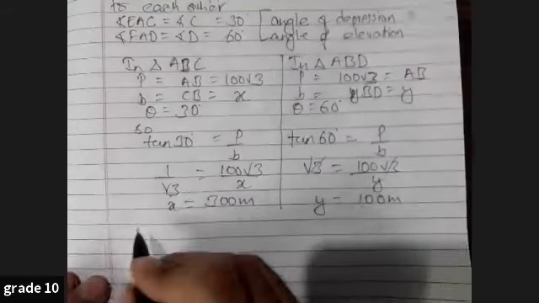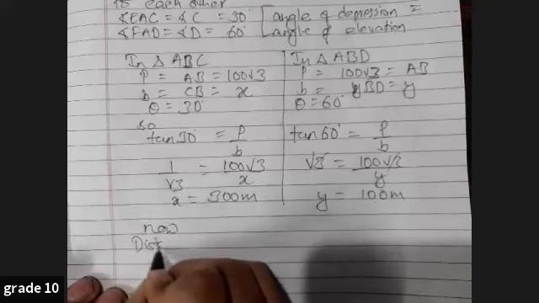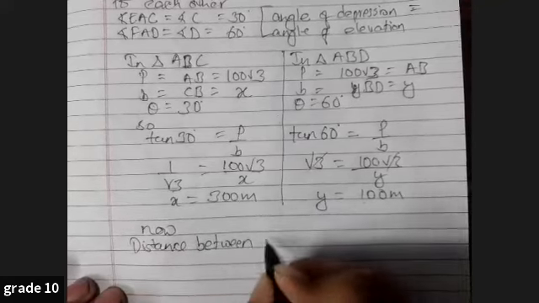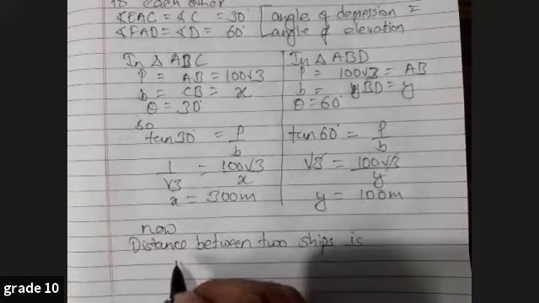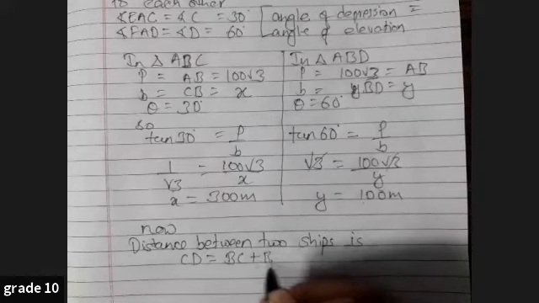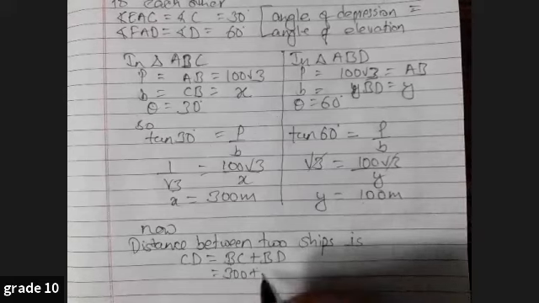So it is 100. Now the distance between the two ships is CD. CD is equal to BC plus BD. BC we have got 300 and BD we have got 100.